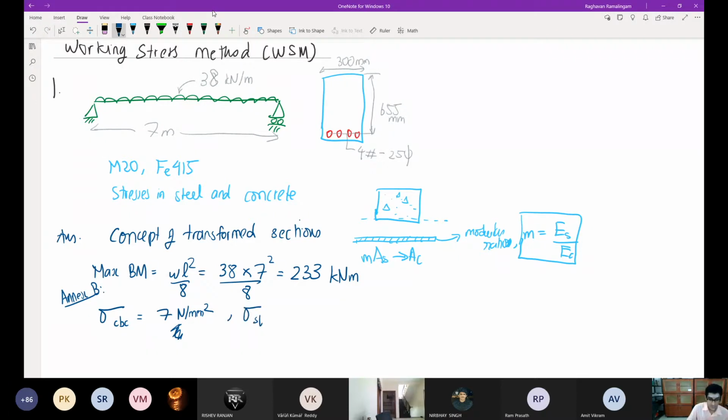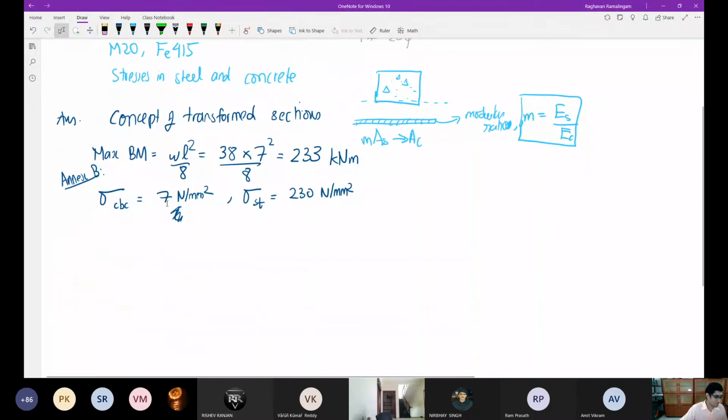Then similarly, permissible stresses in steel also you need to know. This you cannot guess. Better to open the code book, or you can just remember the values. Okay. So for Fe415, sigma st is always 230. This is not something you can do by dividing by 3 or something like that. So you just have to open the code book, or you need to know.